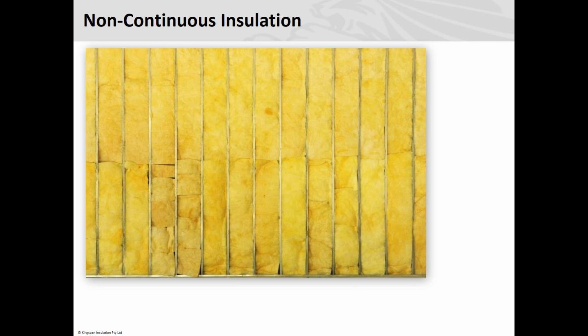I know Superlock down there at Elizabeth West are using injected foam in between their studs. They're injecting a foam to try and get that continuous nature of insulating, which doesn't sound too bad. So there's plenty of builders out there doing different things and trying to improve the energy efficiency of the buildings.